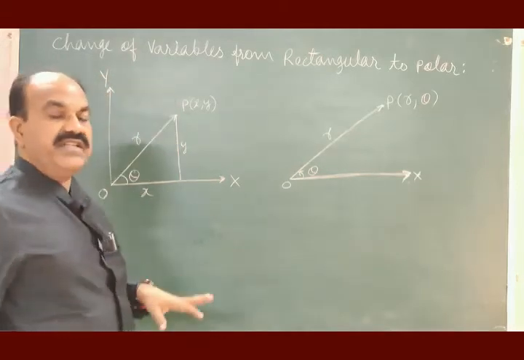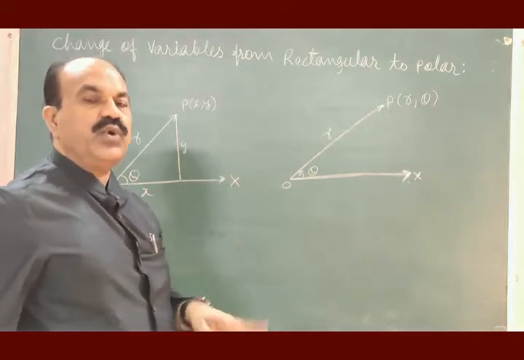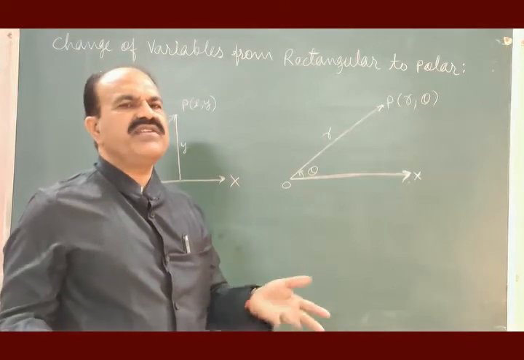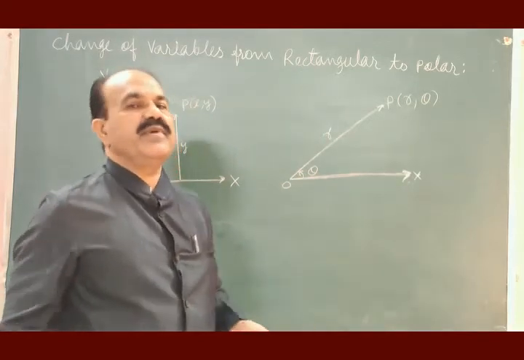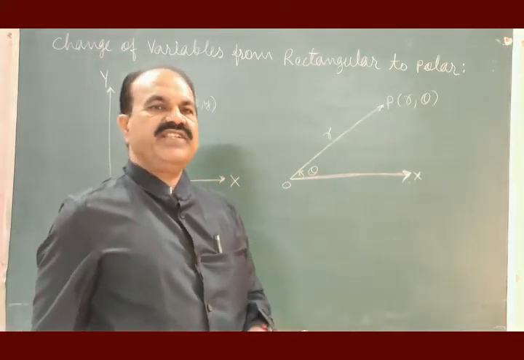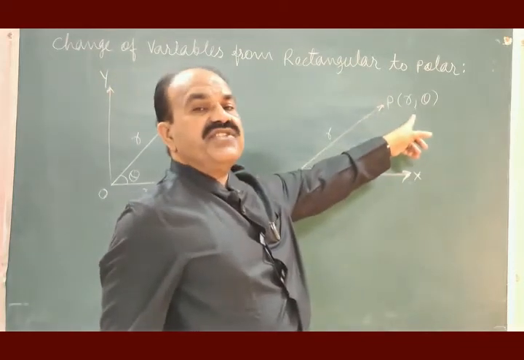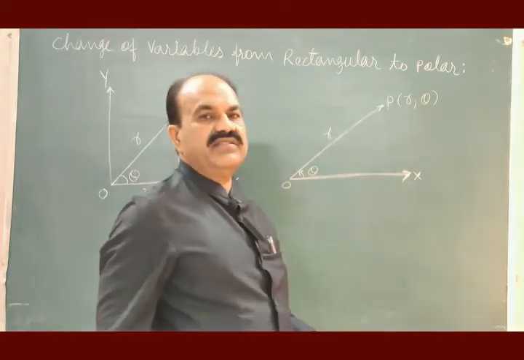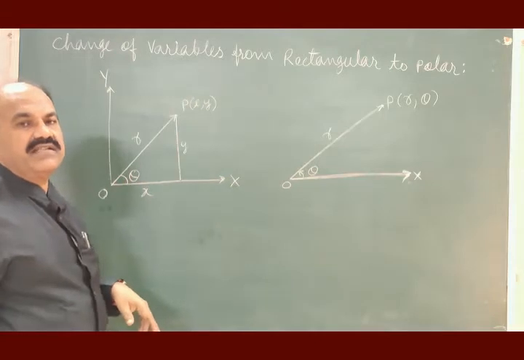So, this coordinate system is used to locate a point, to locate an event, to locate a place, to locate something. This coordinate system is again used for the same purpose. Coordinates in this coordinate system are r and theta. Coordinates in this coordinate system are x and y.